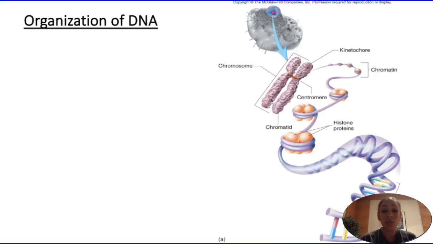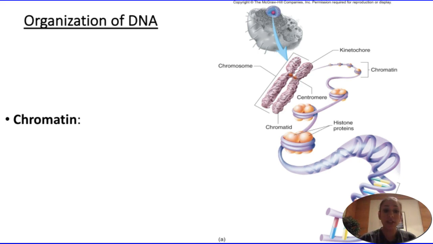It's not a chromosome until that loosely wound DNA is very tightly wound around the histone proteins. And then that's when we get the characteristic X-looking chromosome right here. So once again, before it gets tightly compact, it's known as chromatin. After it gets really tightly compact, then it's known as a chromosome.